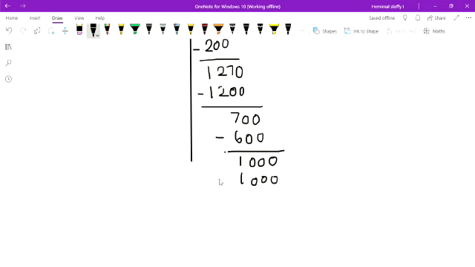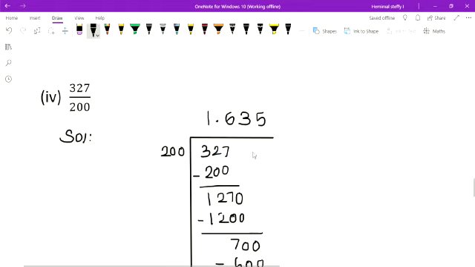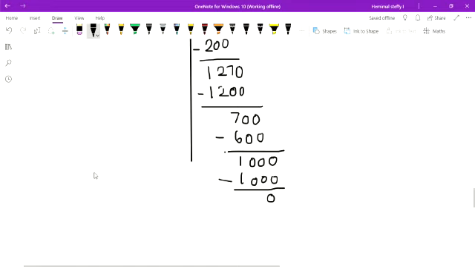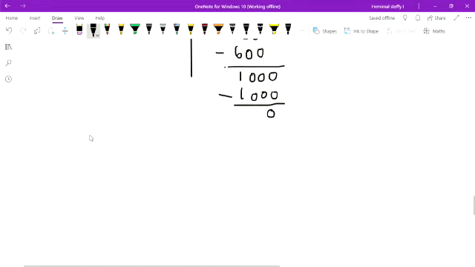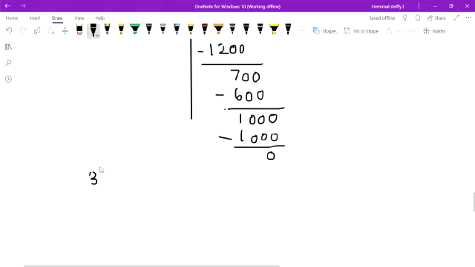I don't want to divide one more time because I got the answer 0. So it is finite, it finished. So what is the answer of 327 divided by 200?